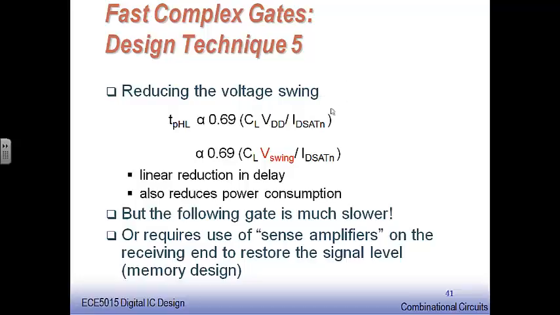And the fifth design technique would be, we know the energy dissipation totally is C VDD square. Now, if I operate the circuit using VDD, and if I make my swing only V swing instead of VDD, the reduced voltage swing, then I would have the power dissipation determined only by the V swing square, which is less than VDD, which in turn reduces the energy and the power dissipation.